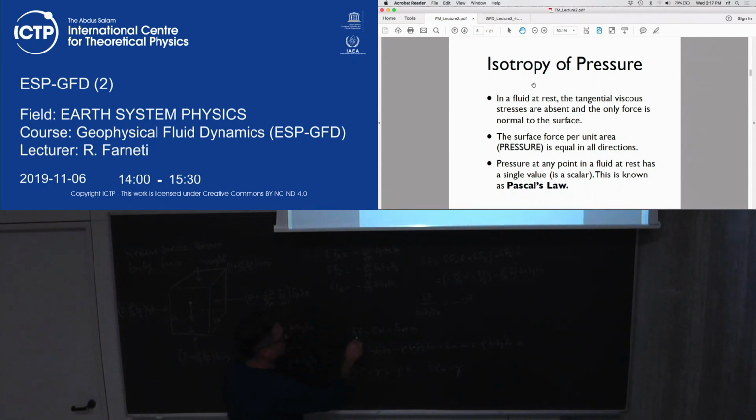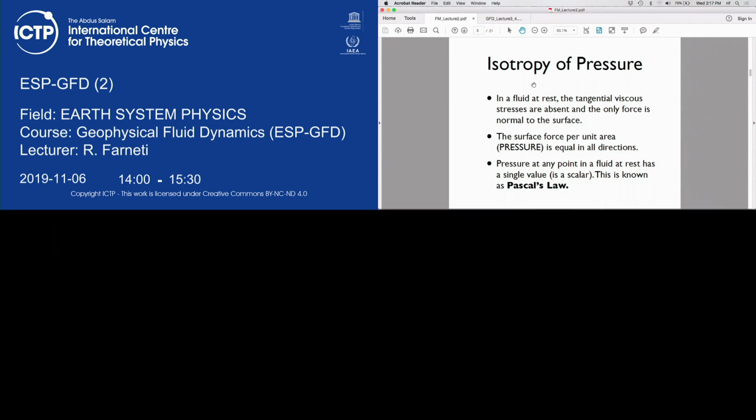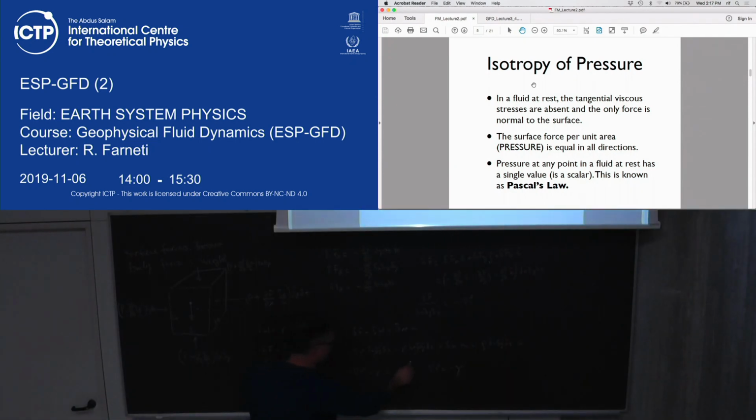So the sum of all the forces is minus grad P times the element of fluid minus the weight, which is gamma times the element volume, equal to mass times acceleration, or density times volume times acceleration. You get rid of the volume: minus grad P minus gamma equals density times acceleration. Acceleration is equal to 0, because we are in static condition, the element of fluid is at rest. So grad P is equal to minus gamma.